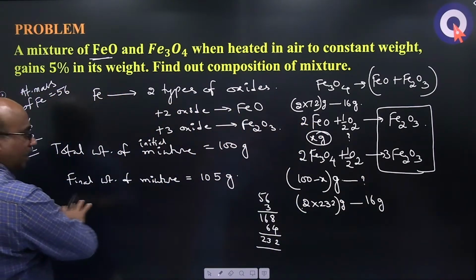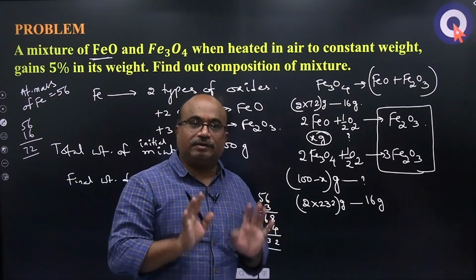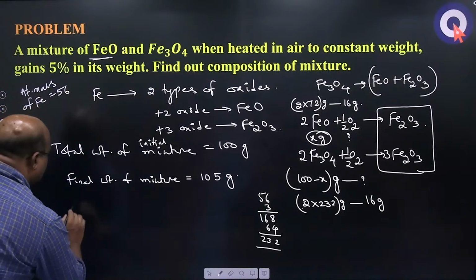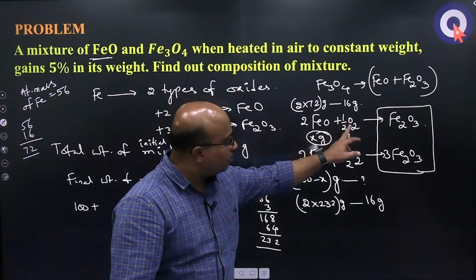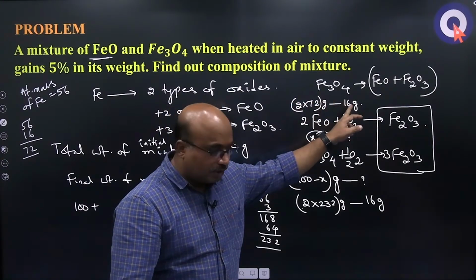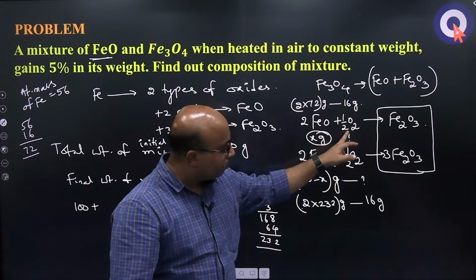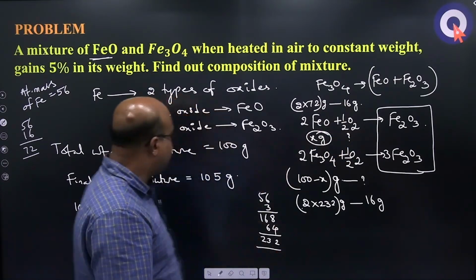So directly I write here that the total weight of the mixture is 100 plus the oxygen weight. What is the weight of oxygen for this process? For 2 into 72 grams we require 16 grams, so for x grams how much is required?